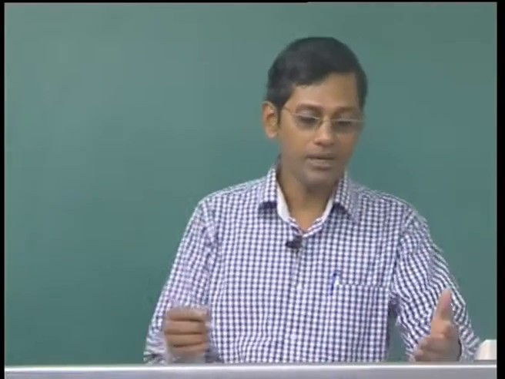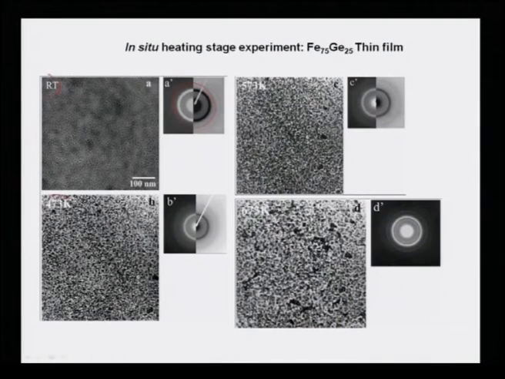As we heat it up from room temperature to about 473 K, that means 200 degrees Celsius, as you see there is a distinct change in the bright field micrograph. Correspondingly, the diffraction pattern gets a little bit modified, but not clearly seen, but there are black regions increasing in this micrograph as compared to the room temperature one.